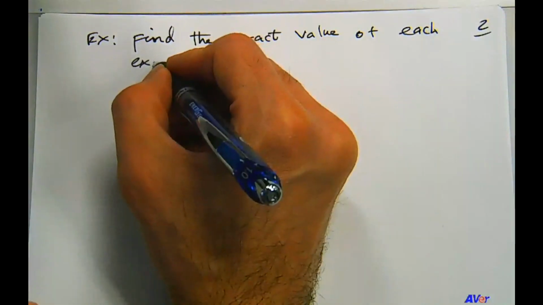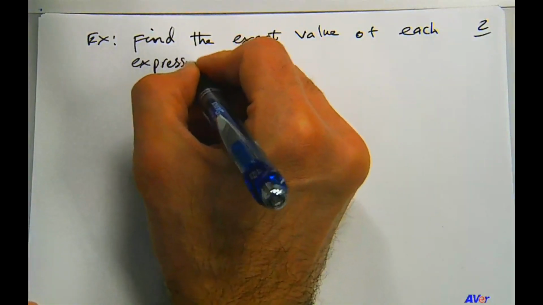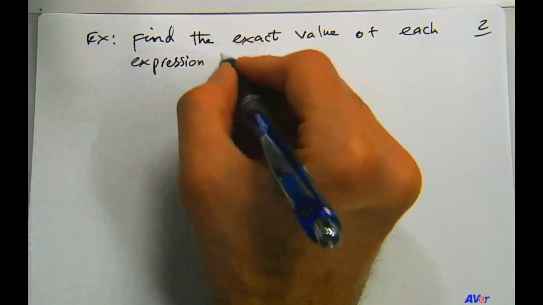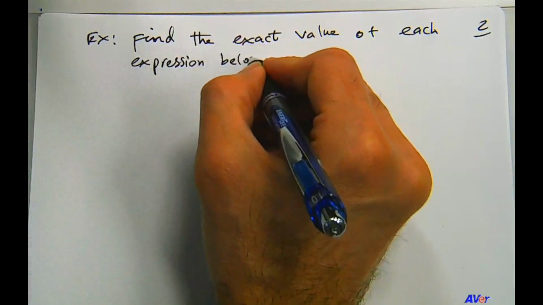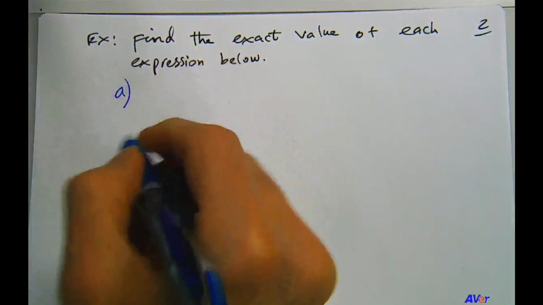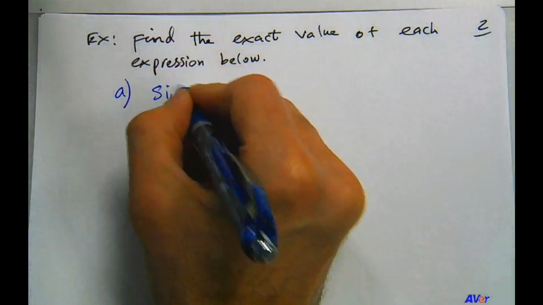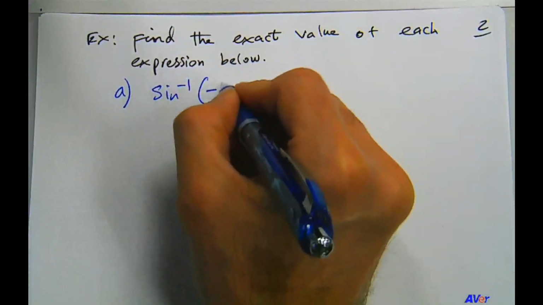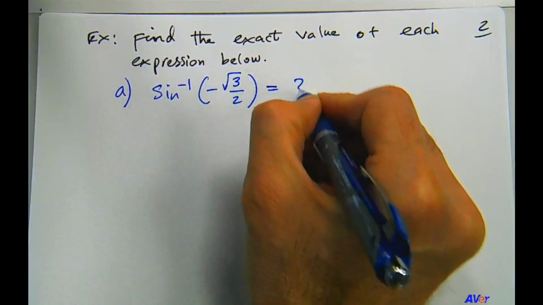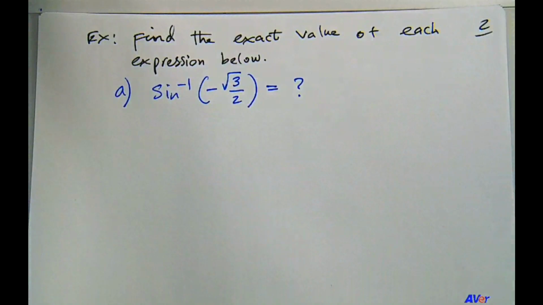So we're going to have parts A, B, C, and so on. Okay, so let's go with part A, and we want to evaluate this inverse trigonometric function. So that's the question we want to answer.